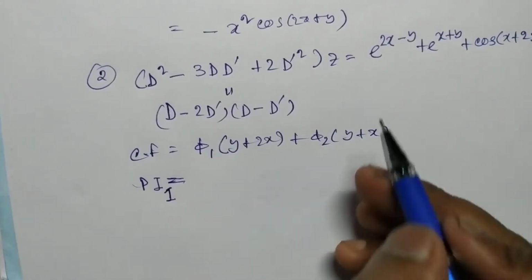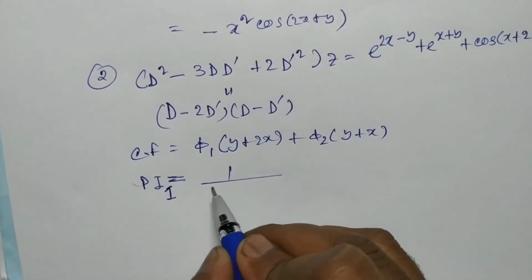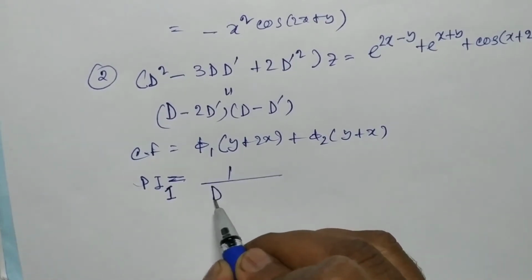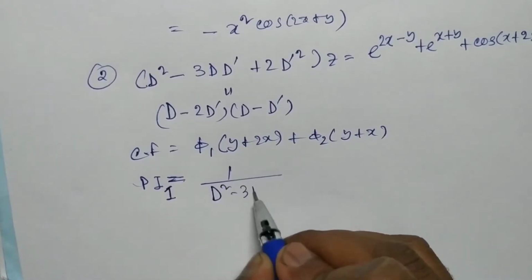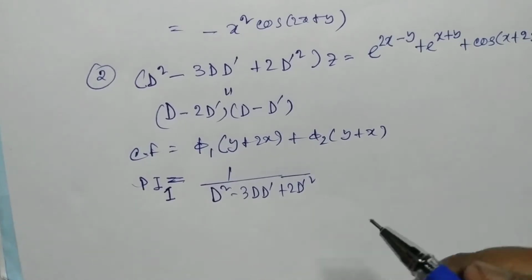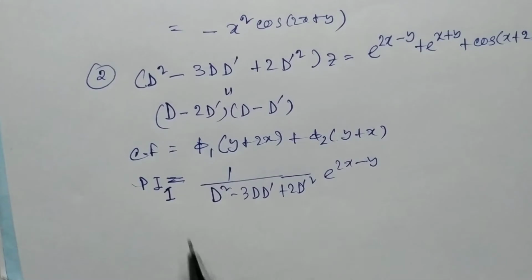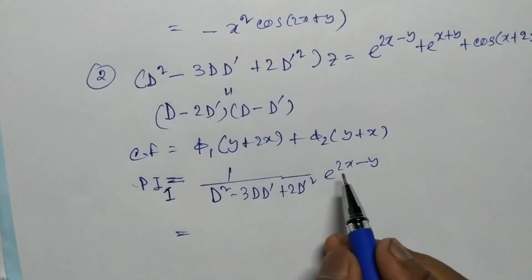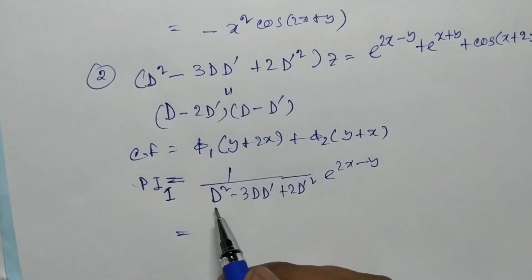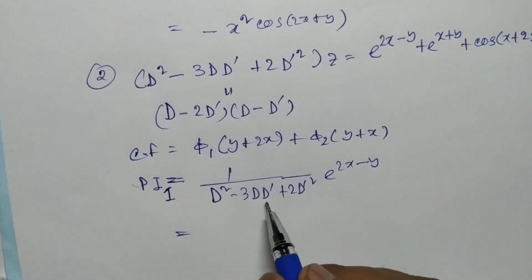That will be 1 over (D square minus 3DD' plus 2D' square) applied on e to the power (2x minus y), and in place of D we will write 2, and in place of D' we will write minus 1.